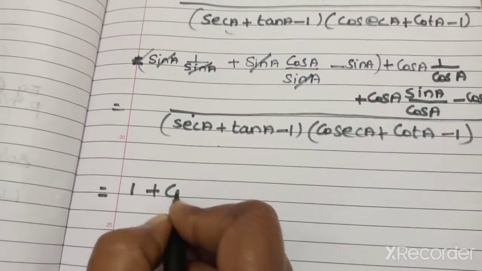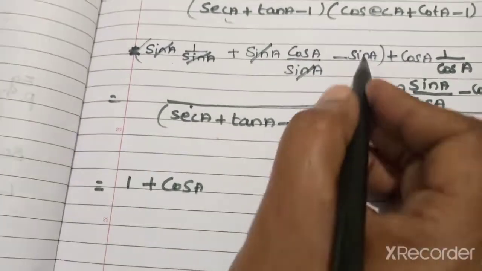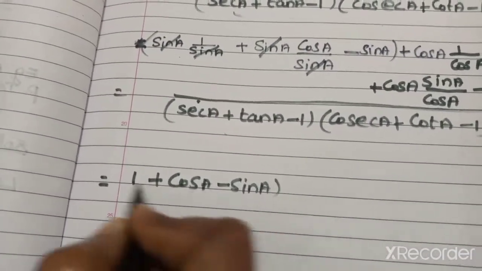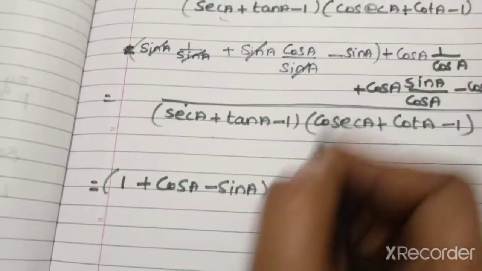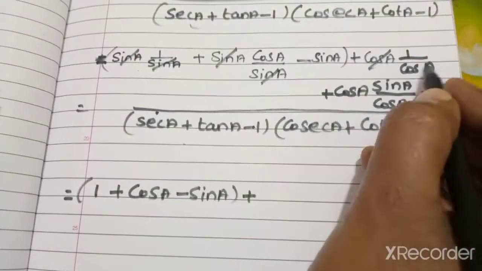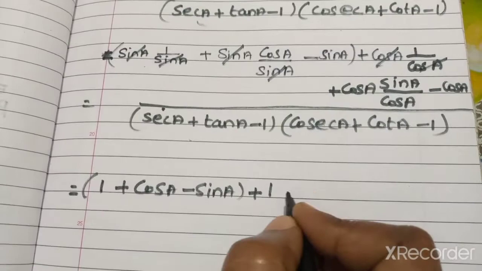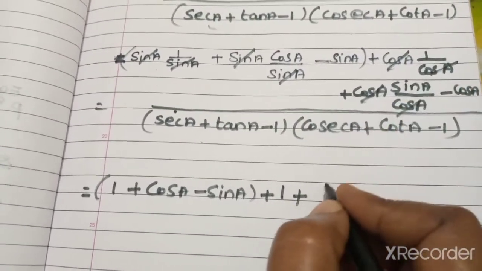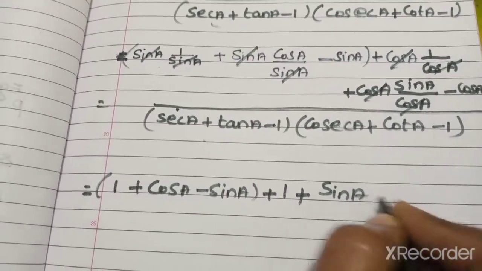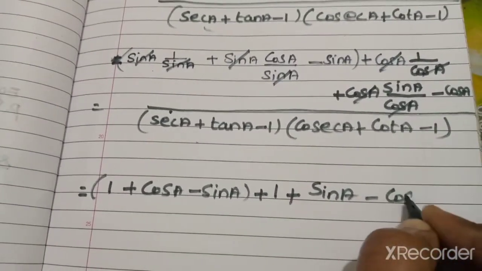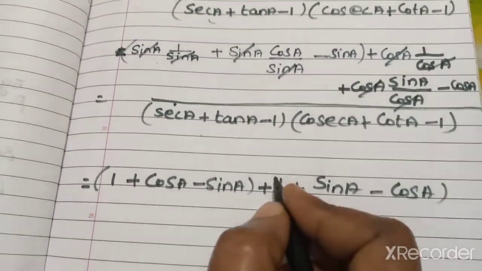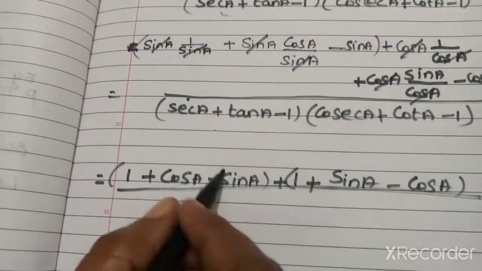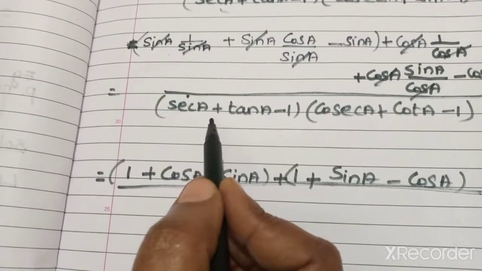Cos A is there, cos A, this term as it is, right, minus sin A, close the bracket, plus, here cos A can be cancelled, 1 plus cos A can be cancelled, sin A minus cos A, close the bracket, divided by, now denominator, let us change it into sin cos ratio.